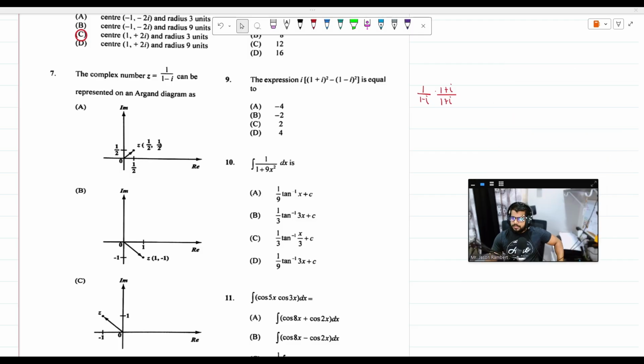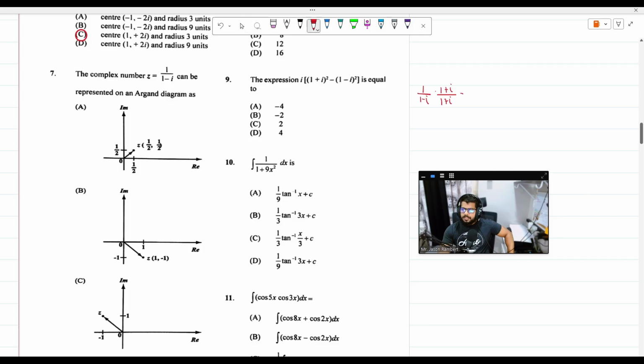This is equal to 1 plus i on top, and the denominator is a difference of two squares, which is 1 squared minus i squared, which is 1 minus minus 1, which is 1 plus 1, which is 2. So the denominator is 2. I'll get 1 half plus 1 half i. So 1 half is going to be A.